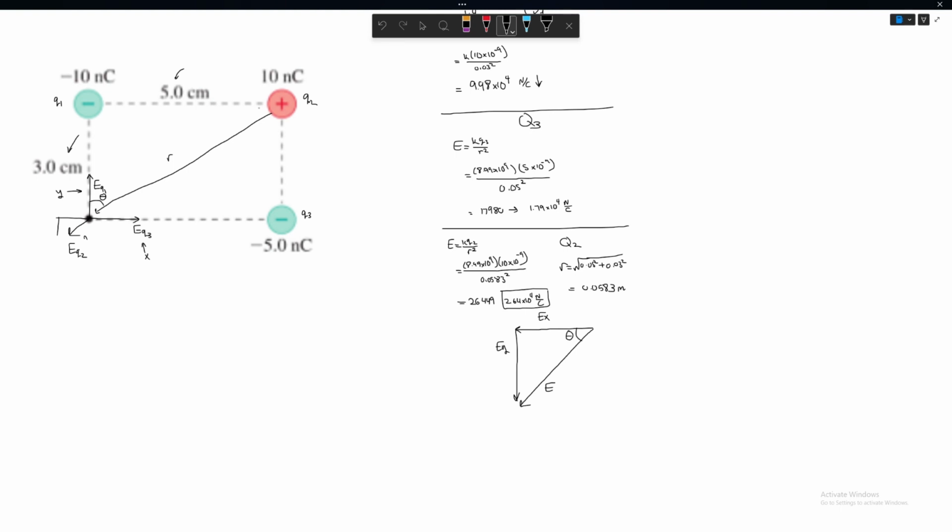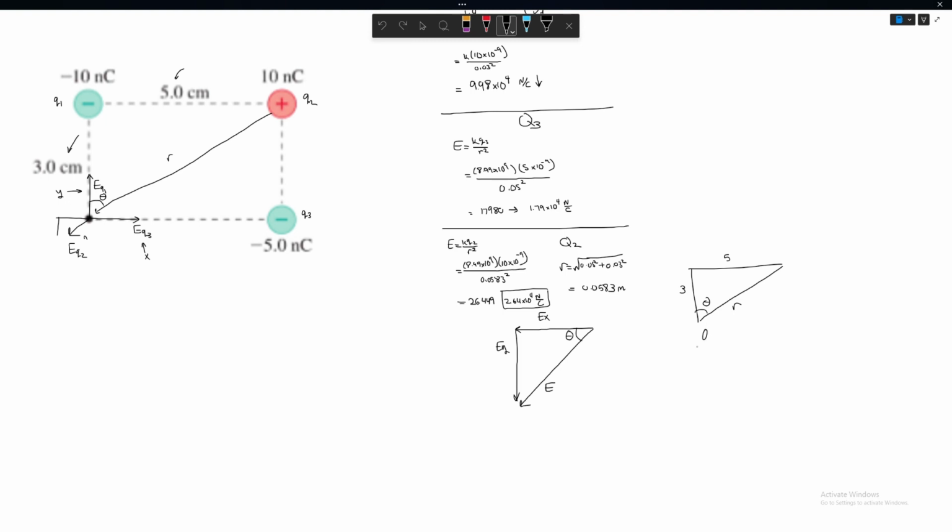Right? And so I think this is like a flipped angle, which I'm finding a little bit weird to look at. But this is what it looks like. This is the angle we're looking at. This is 5. This is 3. And this is obviously my R, which I don't need.